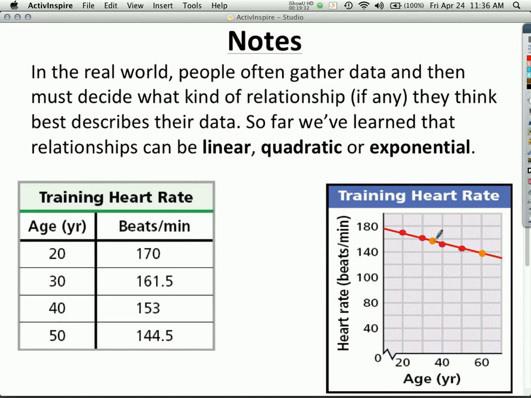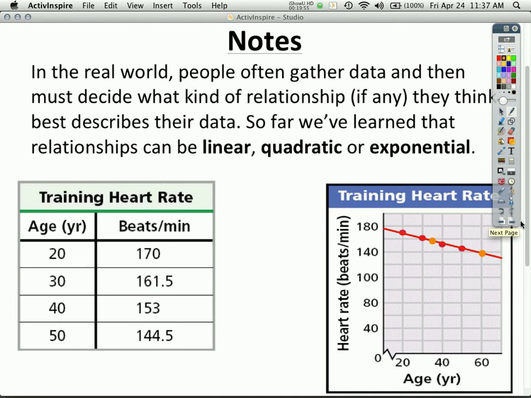Then you can take it a step further. Write an equation to match the model, to match the data, and then use that equation. You can find anything. Any age can be approximated. That's the real power. That's actually our ultimate goal.